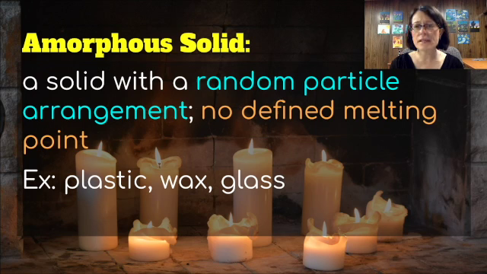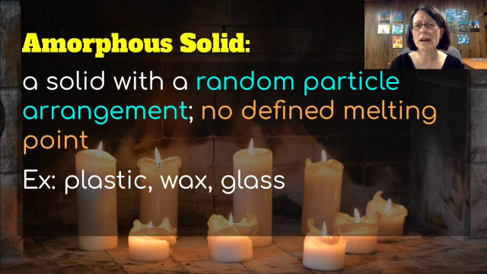Now these things, and you know this with wax, they don't have a defined melting point. They melt over a range of temperatures. For instance, wax starts to become soft at lower temperatures, and then it will continue to melt over a range of temperatures. It won't stay at one temperature as it melts.